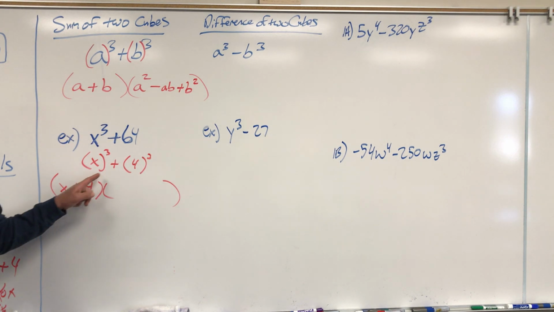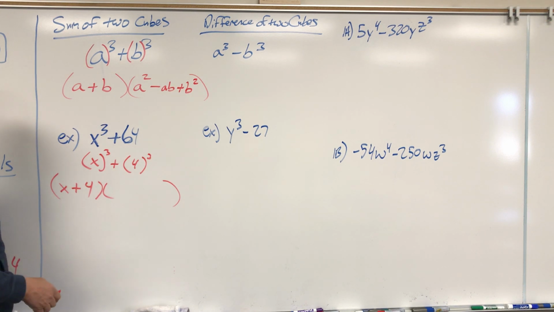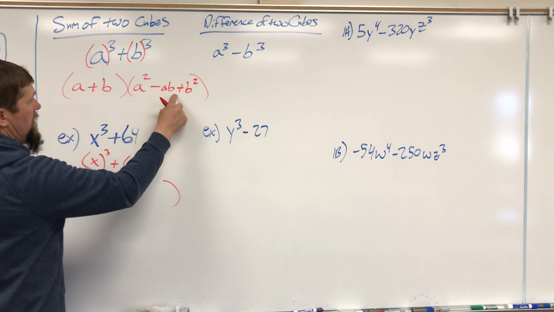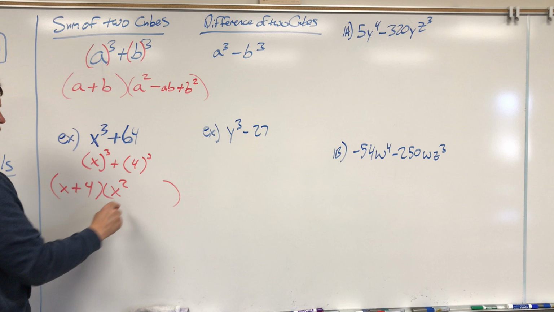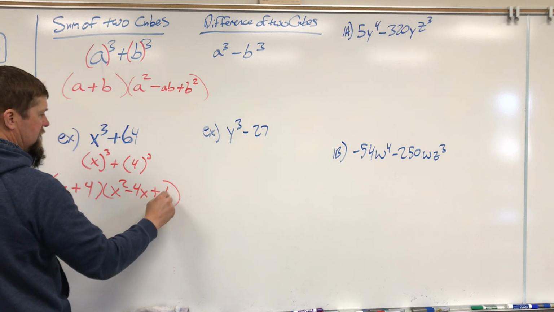I always use the same sign in the first factor, okay? So since it's a plus, we use a plus. Okay, the second factor is a squared minus ab plus b squared. So it's going to be x squared minus 4x plus 16.